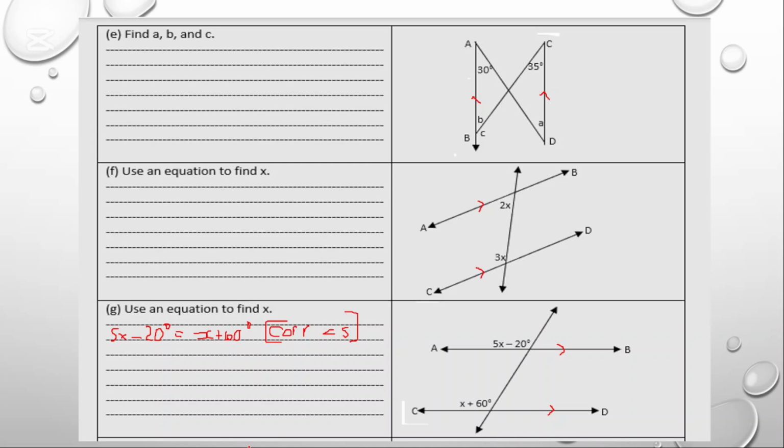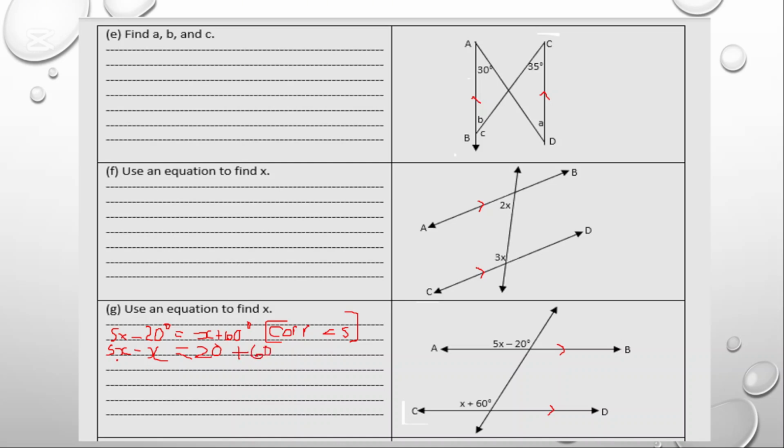And you must remember your rules. We have the equal sign here, and we place x and 5x on the left hand side, so 5x, and this x becomes minus x, right? 20 goes to that side, and it's plus 20 plus 60.